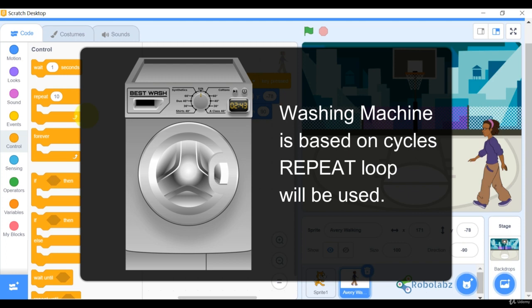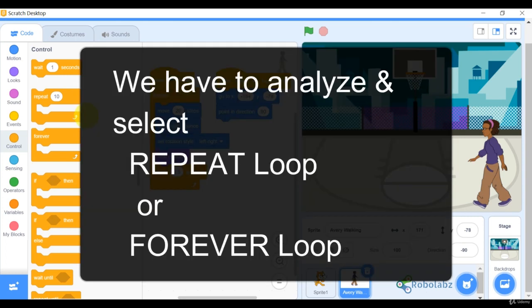You cannot put a forever loop there, because it cannot keep washing without clothes inside it, or keep washing the same clothes again and again. So there is a limitation of a cycle. In a washing machine, we will have a repeat loop. But in the case of an air conditioner or traffic lights, we will have a forever loop.